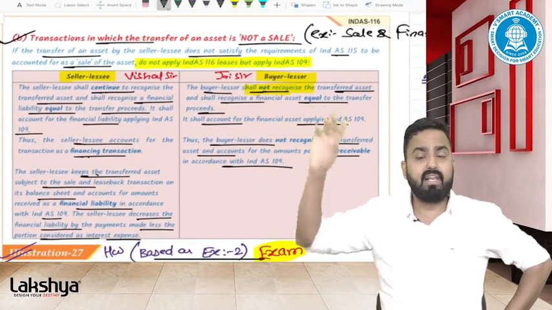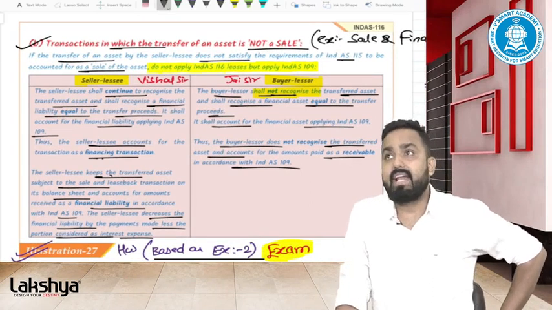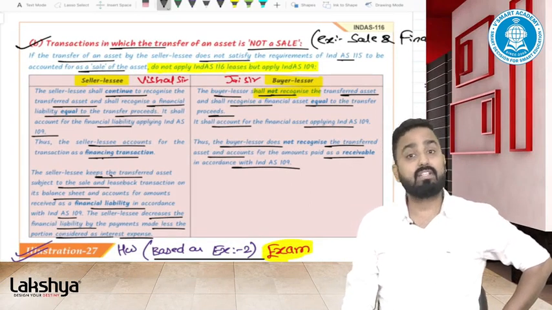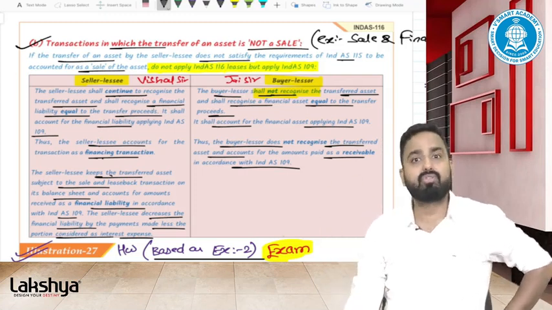Now, here is the last thing: sale and finance leaseback, where there is a sale but actually the sale has not happened since the control is not passed on.